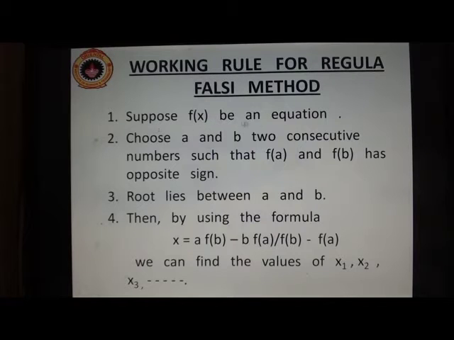Suppose f(x) is an equation. Choose a and b, two consecutive numbers such that f(a) and f(b) have opposite signs. Therefore the root lies between a and b. Then by using the formula x = (a f(b) - b f(a)) / (f(b) - f(a)), we can find the values of x1, x2, x3 and so on, up to xn.